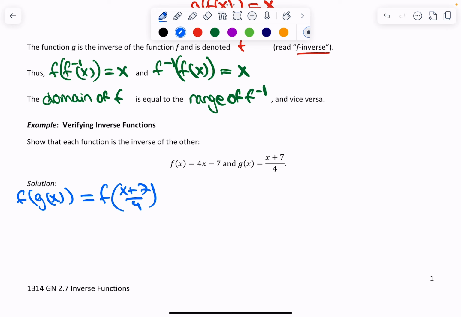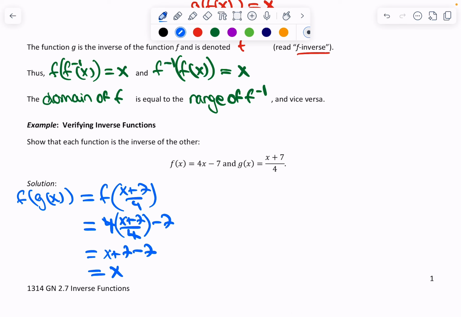So we're plugging that into our f of x where the x is. So 4 times x plus 7 over 4 minus 7. Now, the 4's cancel out. 4 divided by 4 is 1. We get x plus 7 minus 7. This is x. And that's what we wanted.